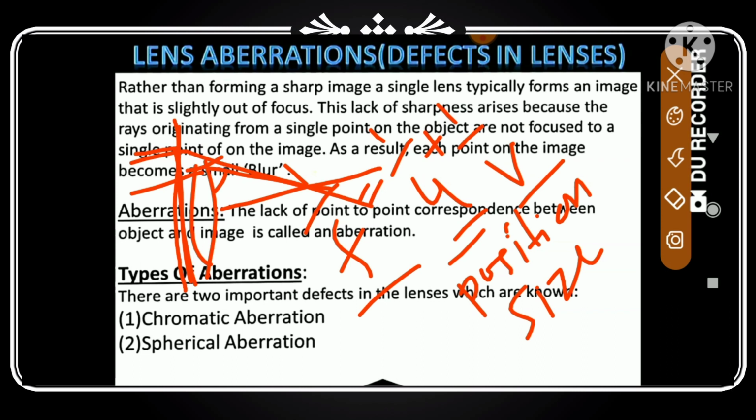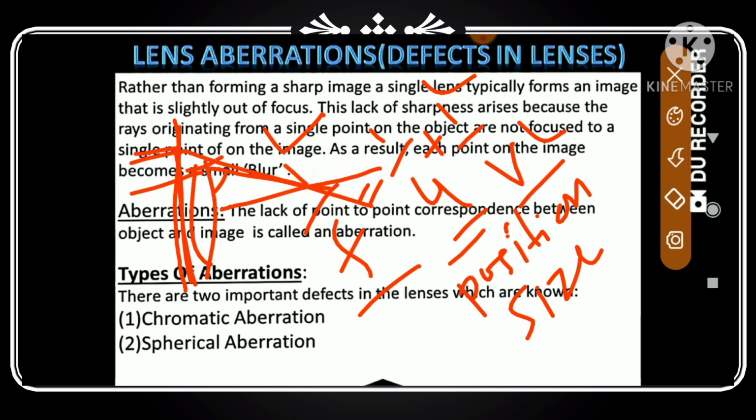So this lens formula does not correctly represent the exact position and size of the image. The deviations from the actual size, shape and position of an image are called aberrations, or the defects which are produced by the lenses.